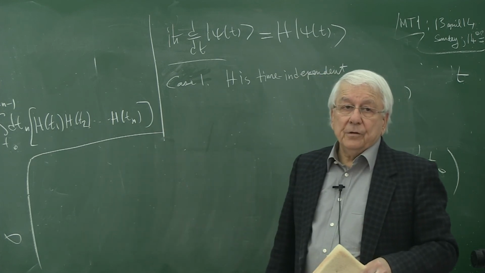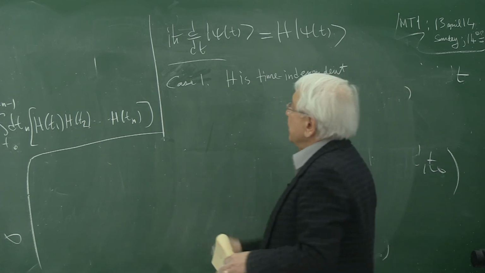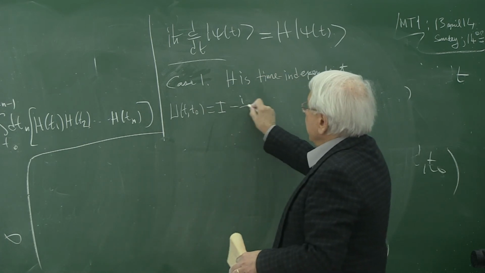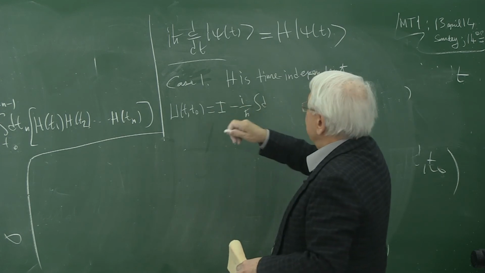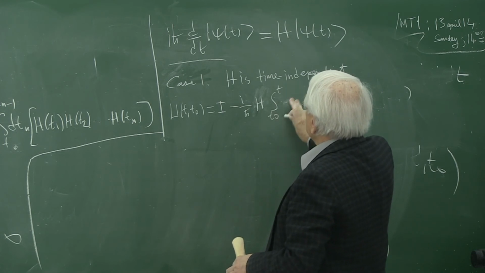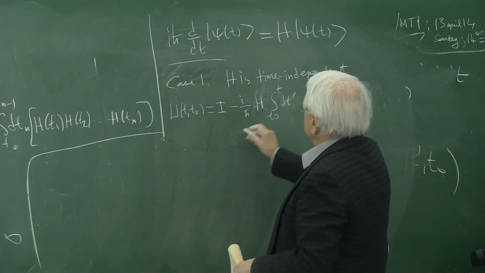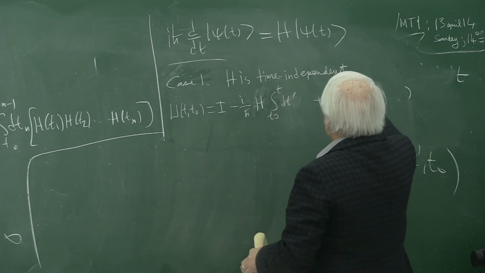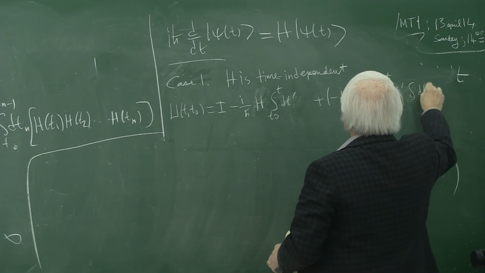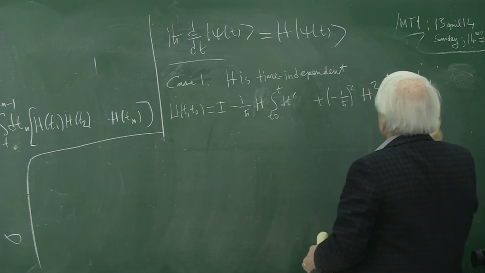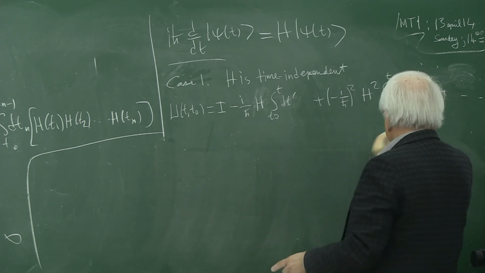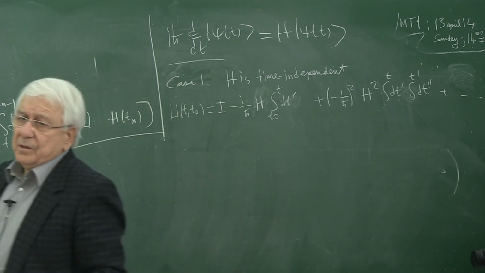Now, how do I reduce that expression? If H is time independent, U(t, t0) is 1 minus i over h bar, H comes out, integral t0 to t dt prime, plus minus i over h bar squared, H squared, integral dt prime to t, integral dt double prime to t prime, etc. That is, this exact expression in the case H is time independent gives you this.